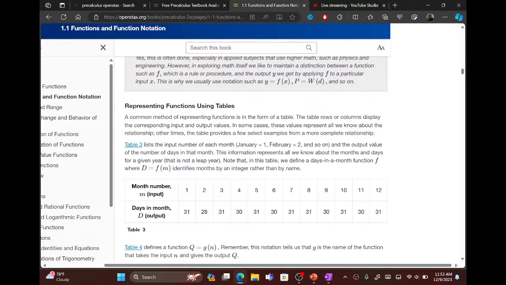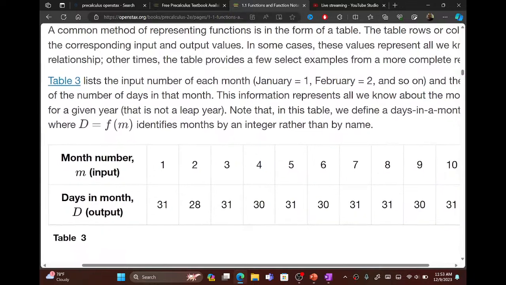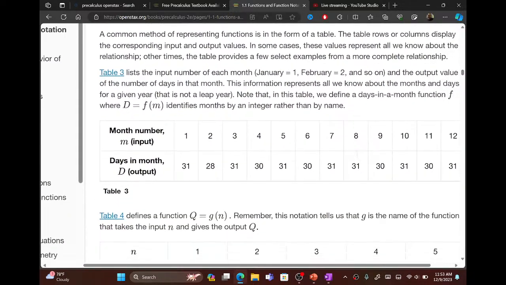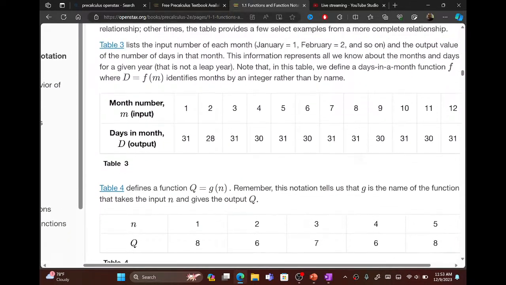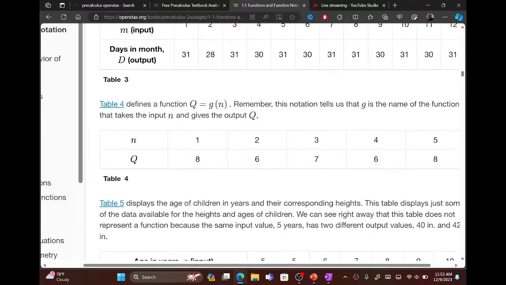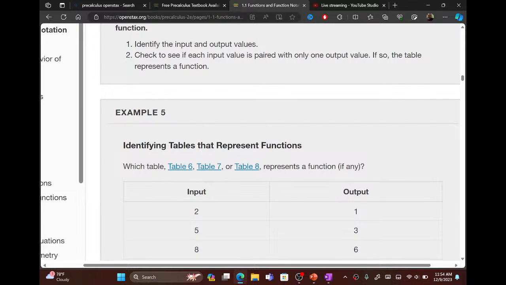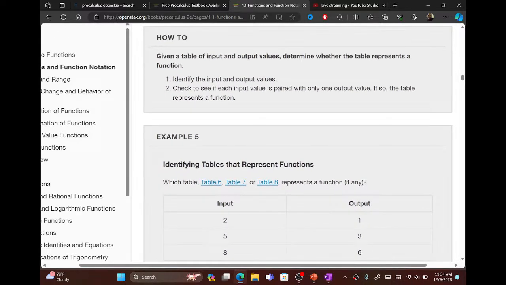For example, this part here will be d of m, or f of m, d equals f of m, so on and so forth. Sometimes they'll just say d of m instead of f of m. It is the same thing. Days is a function of the month.